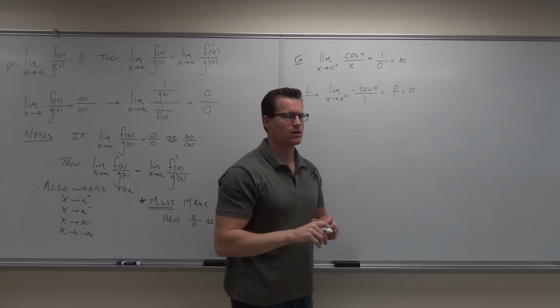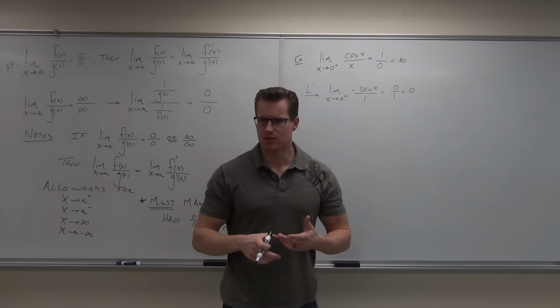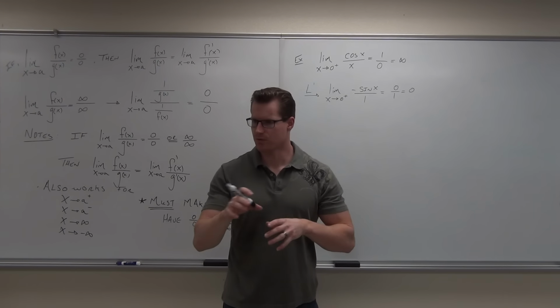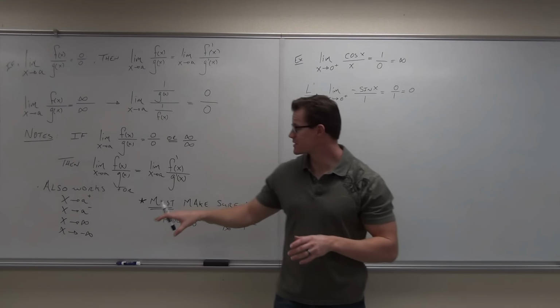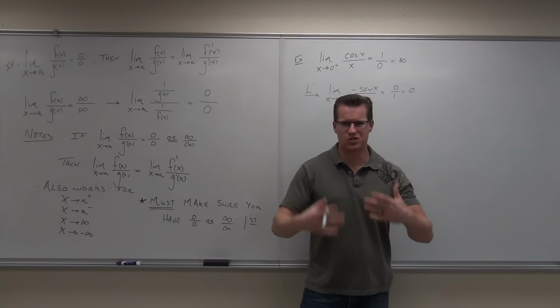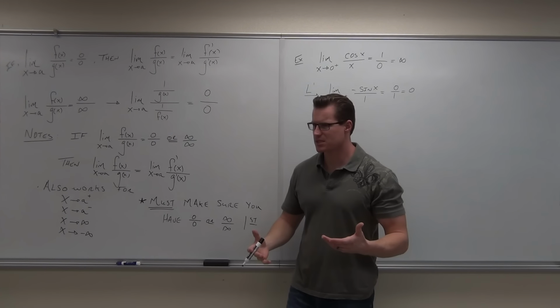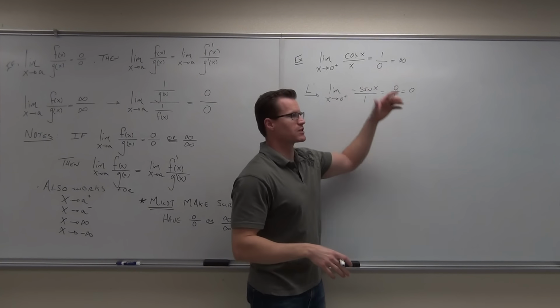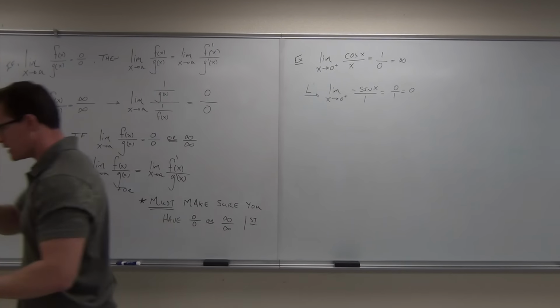Did we get the same thing? No. What this is telling you is that L'Hopital's rule does not work unless you have 0 over 0 or infinity over infinity. That's why this is important. You have to make sure that you have that indeterminate form before you start doing all this L'Hopital junk. Does that make sense? Show of hands if you feel okay with that one. All right, so we can't do it if it's not 0 over 0 or infinity over infinity.